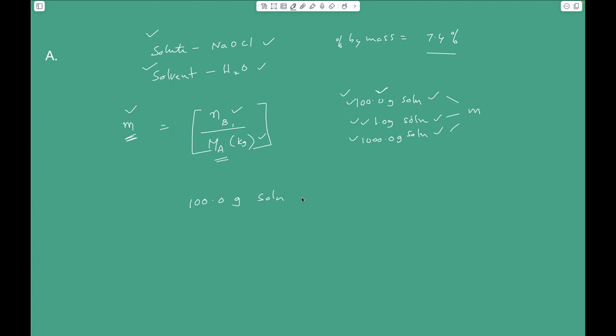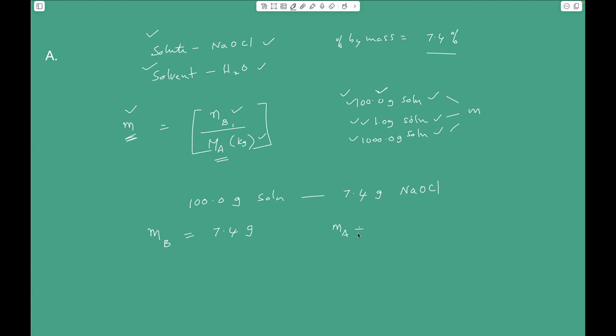That means if you take 100 grams of the solution, it contains 7.4 grams of solute, and the solute in this case is sodium hypochlorite. So the mass of the solute in the solution I took is 7.4 grams. Then what is the mass of the solvent?